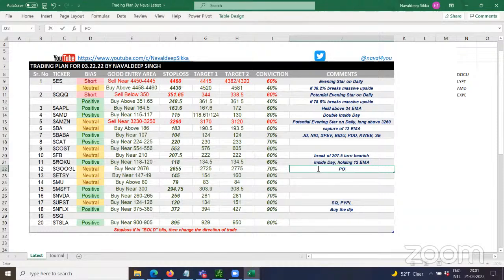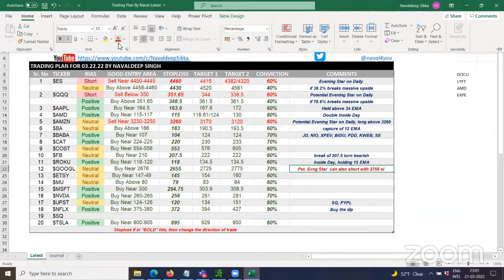Potential evening star. Can also short with 27.50 stop loss. I'm just making it in red.